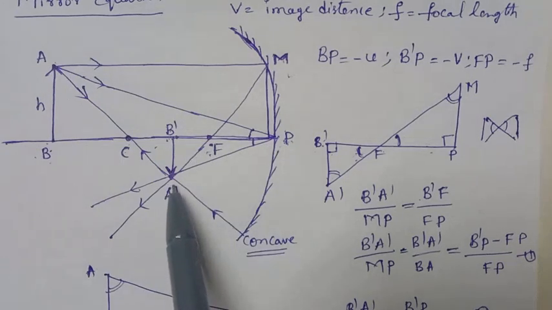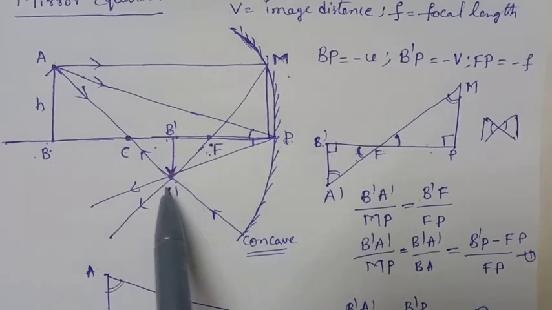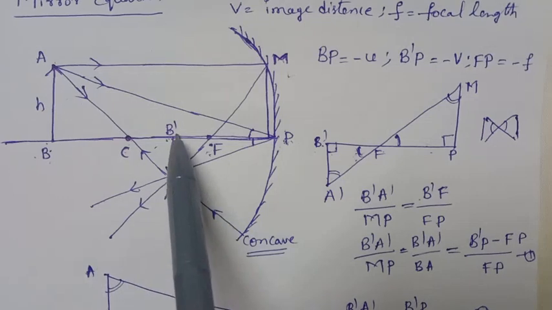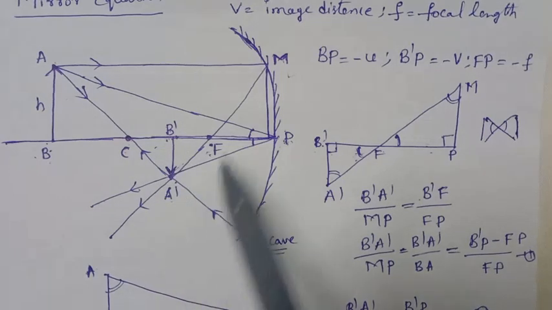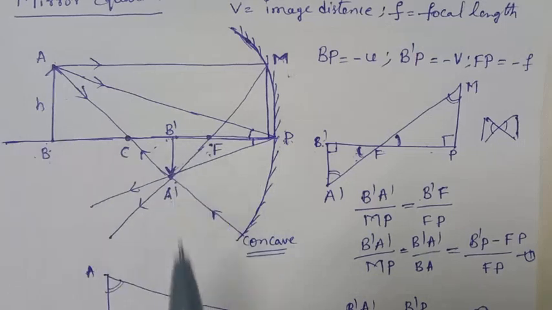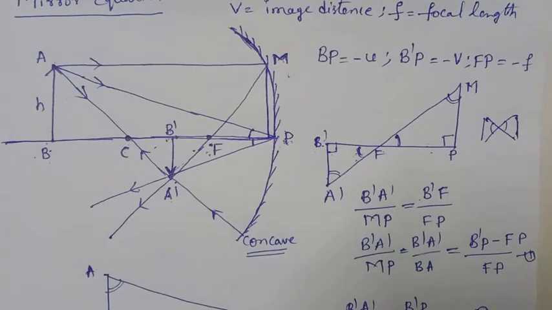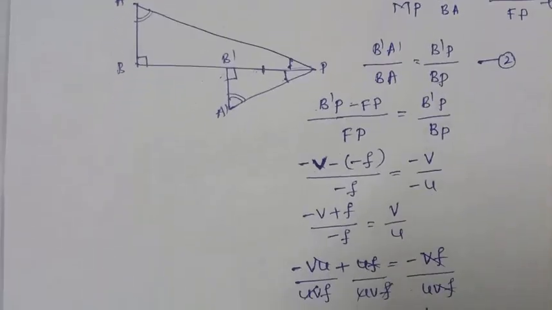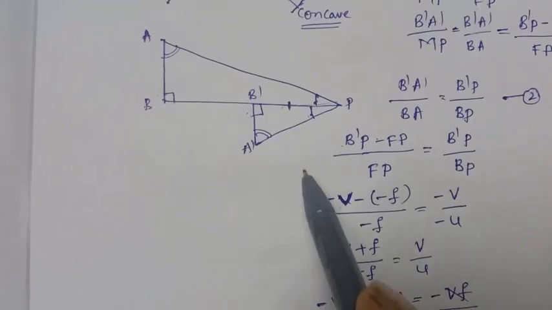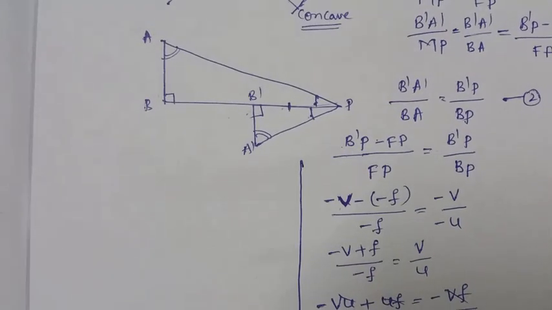So all these 3 will be converging at this point. We are getting the image here. So I am considering the 2 similar triangles, and I can apply the ratio of b dash a dash by ba from this and from this. So I am equating, we are getting the condition like this. So it is the mirror equation.